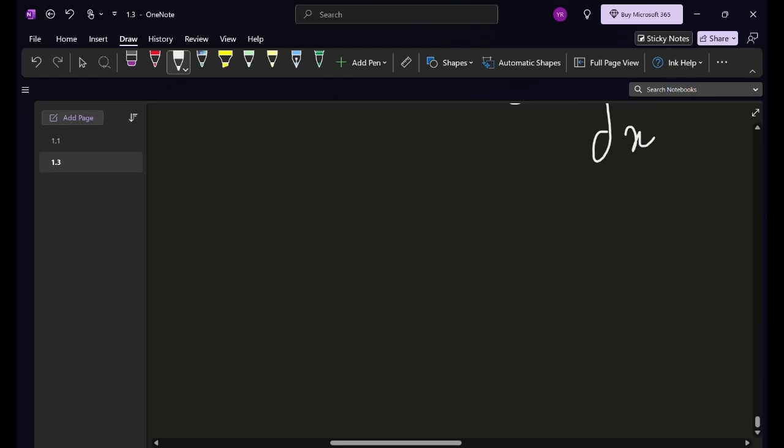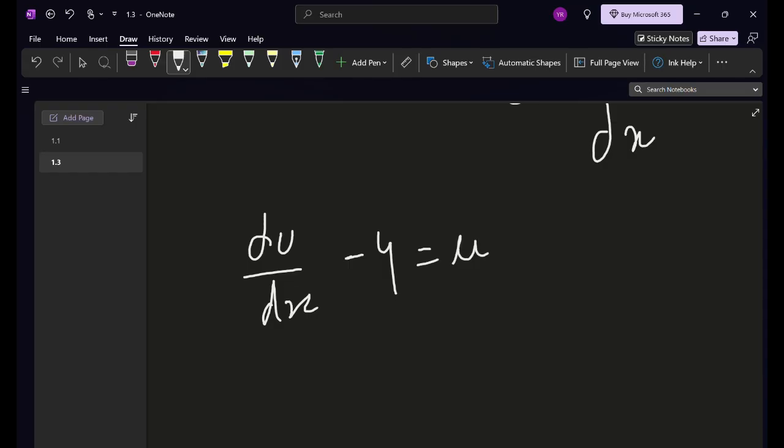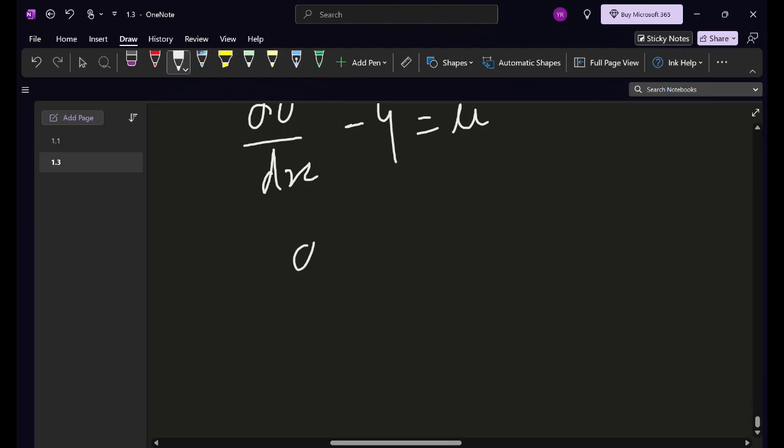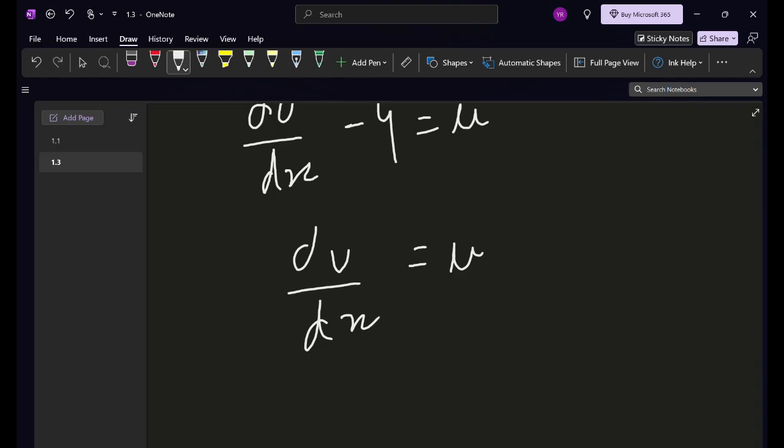Now substituting the values, we get the equation as du by dx minus 4 is equal to u square, which can be written as du by dx is equal to u square plus 4.